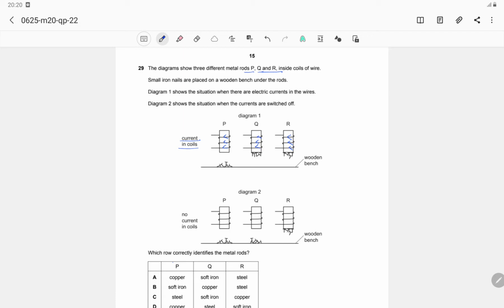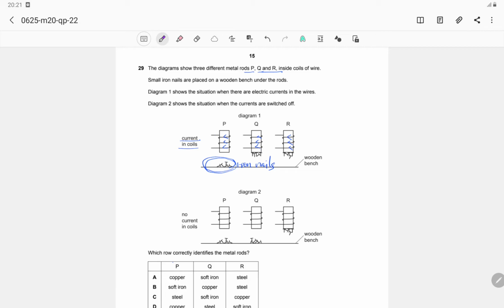Now there are some metals inserted inside these coils. But looking at the figure, the rod P is still not attracting the iron nails. Since they are iron nails, they are supposed to be attracted to any magnet. But here P is not a magnet. This is what you have to conclude. Since P is not a magnet, the iron nails are not getting attracted to rod P.